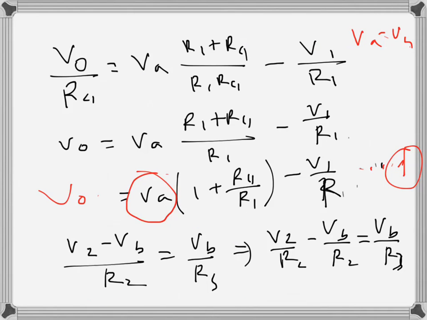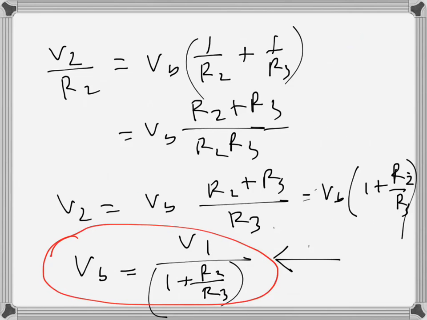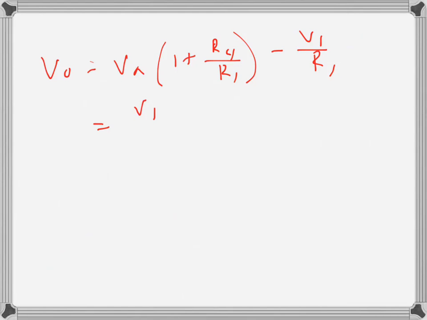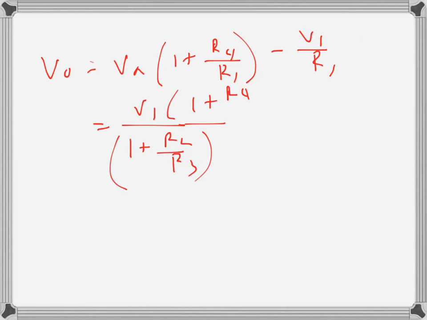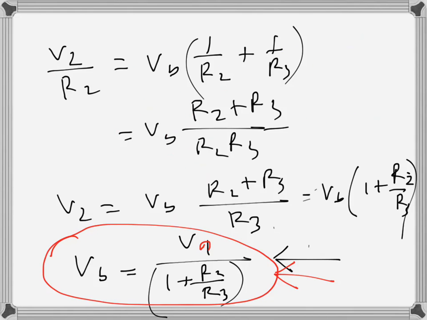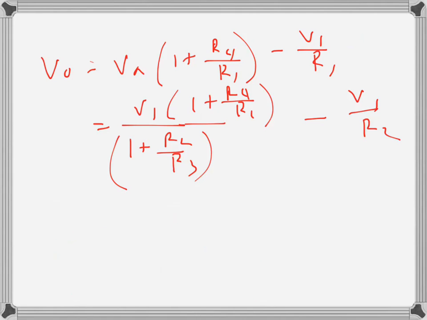Instead of VA, I can write VB, and this is the expression of VB: V2 over (1 plus R2 over R3), times (1 plus R4 over R1), minus V1 over R1. Sorry, this is V2 there, and this is V1. That was a mistake.